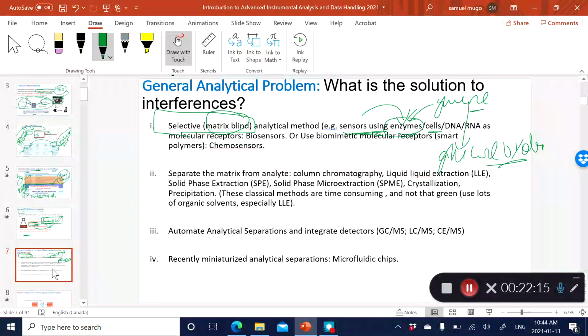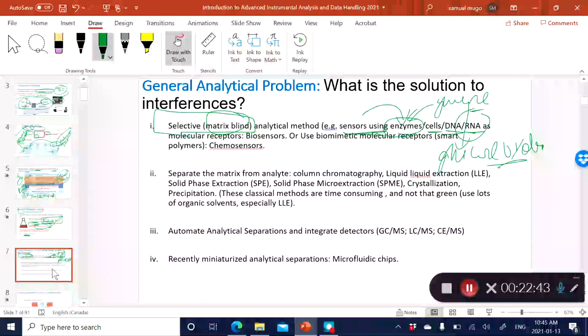You can also use cells. Cells are very specific to certain types of analytes. You can use DNA. You can even use RNA. For example, the way they are trying to detect COVID-19 is typically to get an RNA that is very, very specific to COVID-19, and based on that, you can capture the virus.